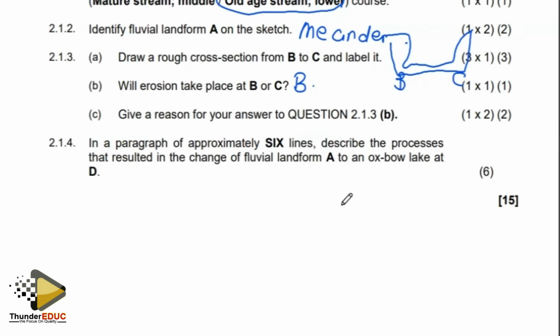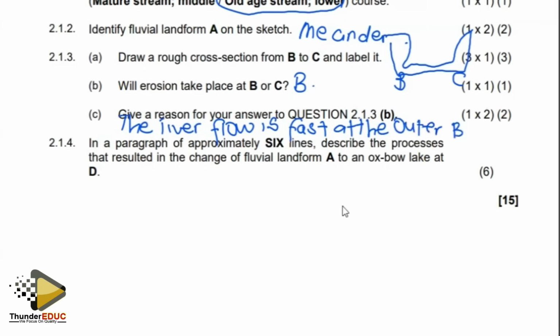The reason is that the river flow is fast at the outer bank. That's why erosion will take place at B. Right, let's move on.